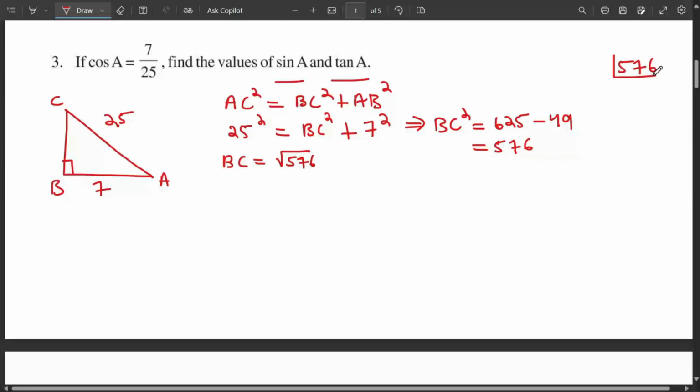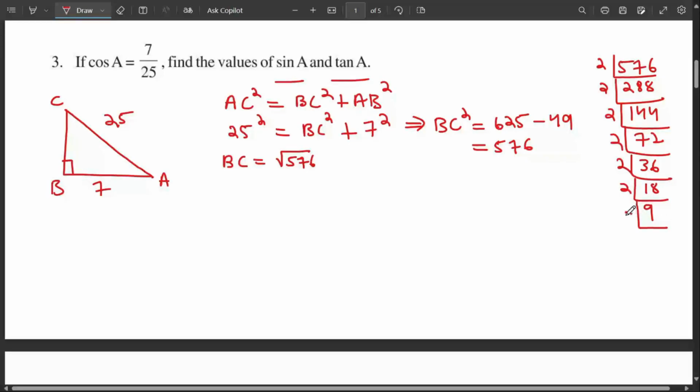Okay. So since 576 is even, it is divisible by 2. 2 8s are 16, 2 8s are 16. So once again by 2, 2 1s are 2, 2 4s are 8. 2 7s are 14, 2 2s are 4. 2 3s are 6, 2 1s are 2, 2 8s are 16, then 2 9s, then 3 3s, 3 1s.